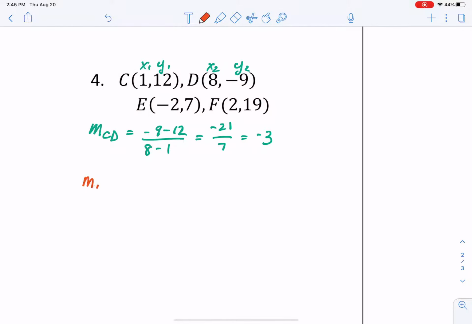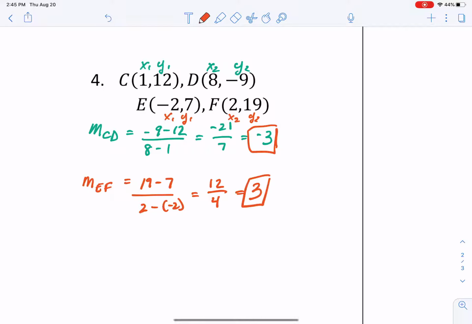The slope of EF, x1, y1, x2, y2, is 19 minus 7 over 2 minus a negative 2. That becomes 12 over 4, which is 3. So the slope of CD does not equal the slope of EF. Therefore, not parallel.